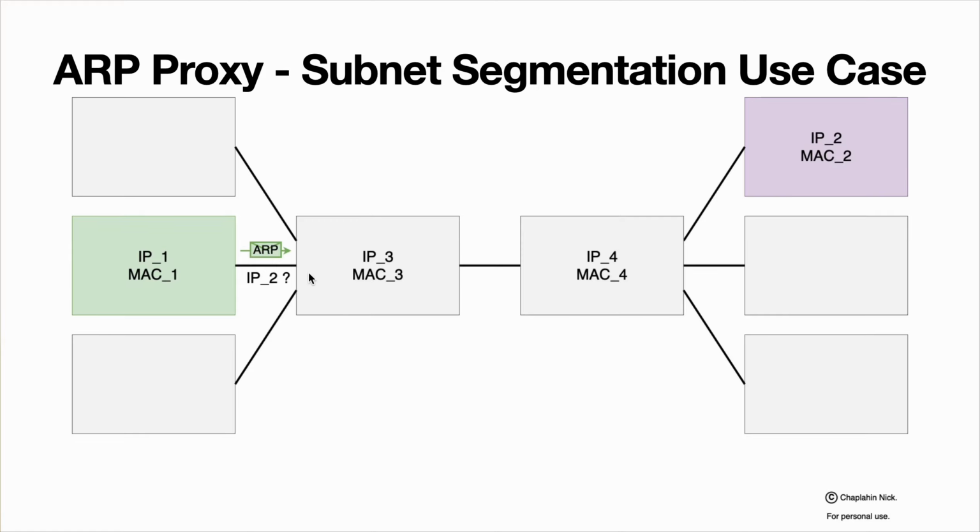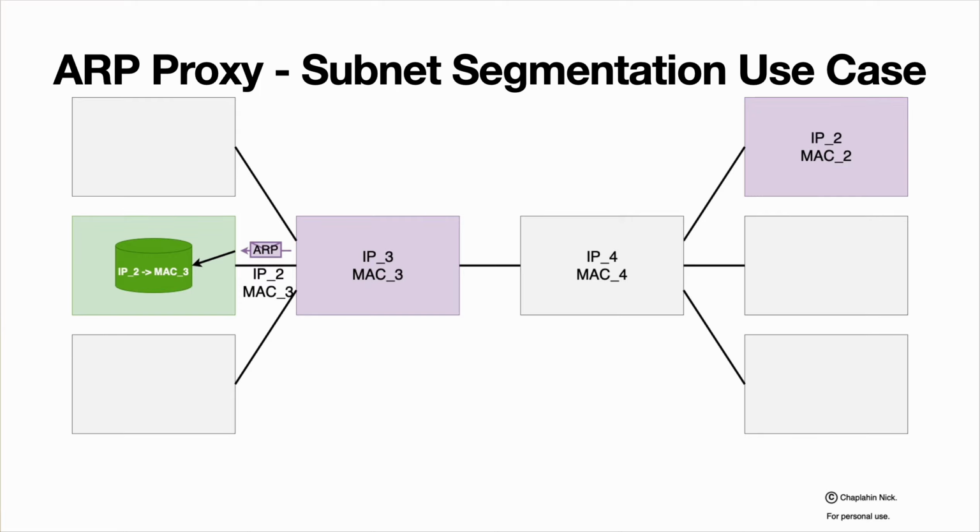The device that is ARP proxy aware replies instead with its own MAC saying that it has IP2. And then our device will send all traffic with the destination MAC of our ARP proxy device. This information will be stored in the ARP table, actually.